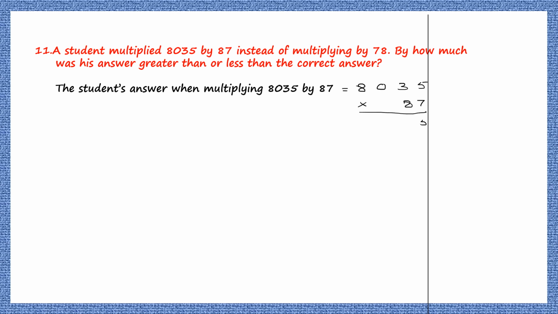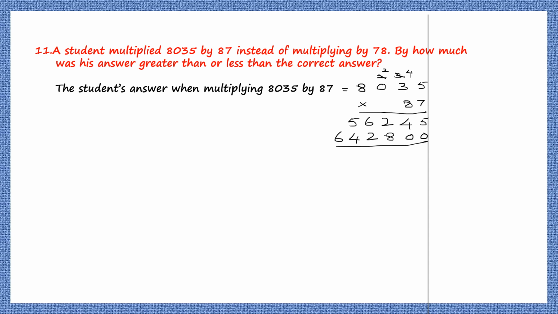7 5s are 35, carry 3. 7 3s are 21, plus 3 is 24. 7 zeros are 0, plus 2. 7 8s are 56. Second step, 8 5s are 40, carry 4. 8 3s are 24, plus 4 is 28, carry 2. 8 zeros are 0, so we put the 2. 8 8s are 64.